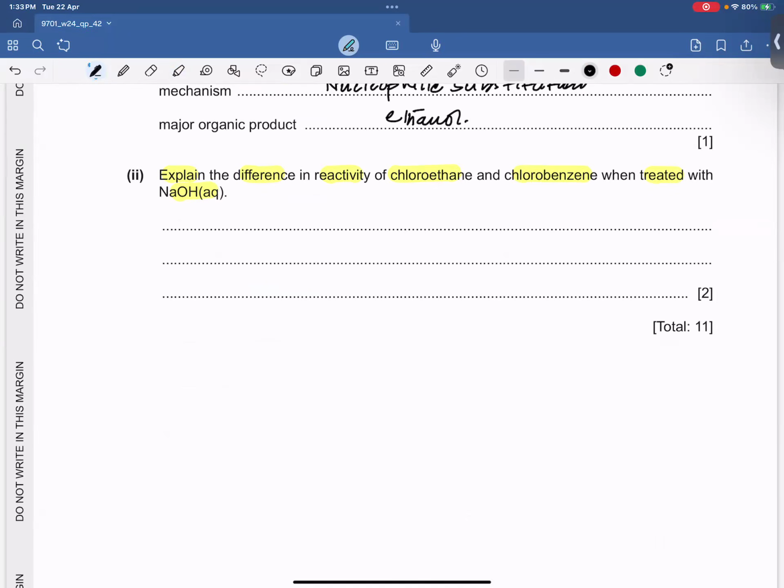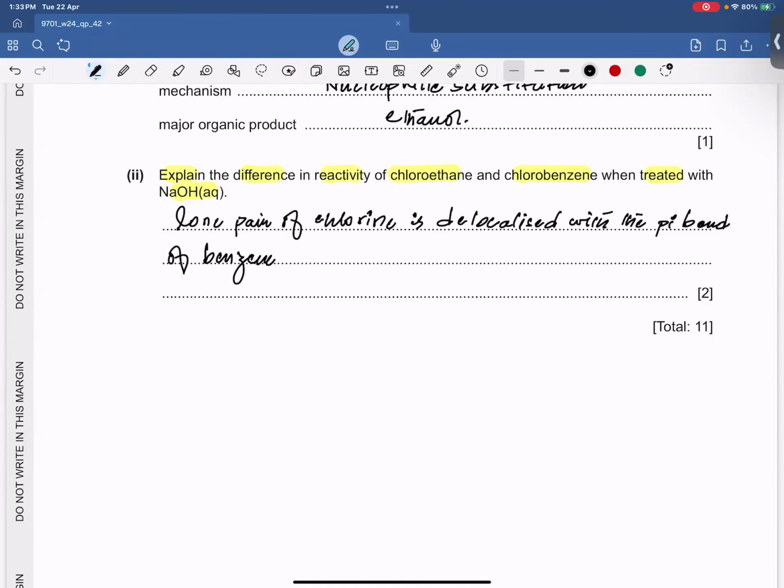First of all, the lone pair of chlorine is delocalized with a pi bond of benzene.